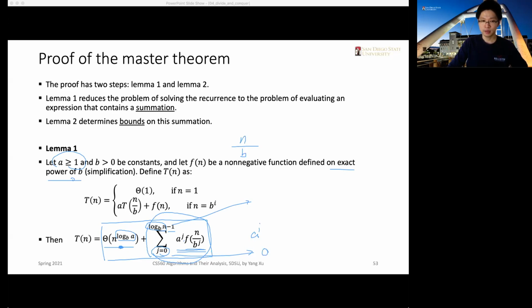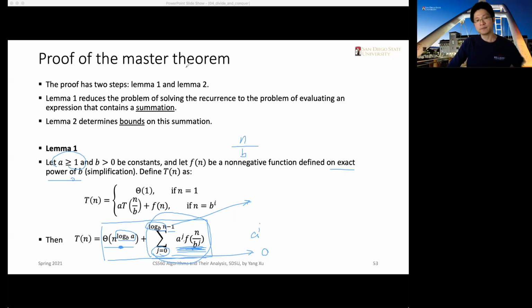And logarithm base b of n minus 1 probably refers to the level that is one above the bottom level. So it basically ranges over all levels of the recursion tree, and for each level we will have a summation in this form. So the whole solution looks like this form.